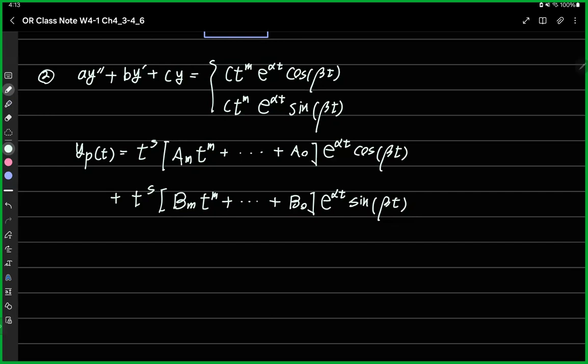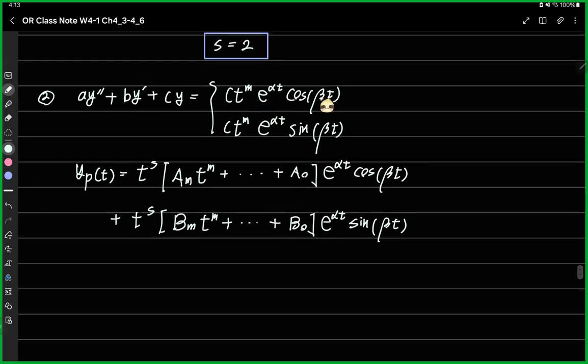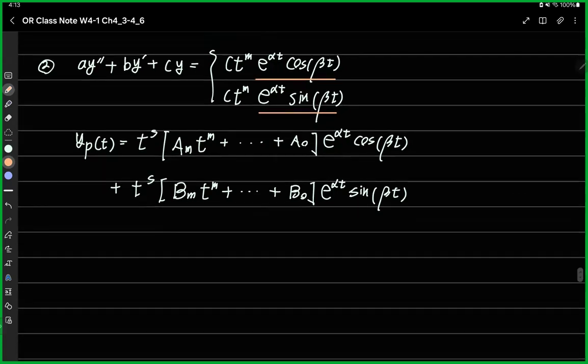In this case, you see that e to the alpha t cosine beta t, this is a solution to the homogeneous differential equation, right? This is also a solution to the homogeneous equation, right?